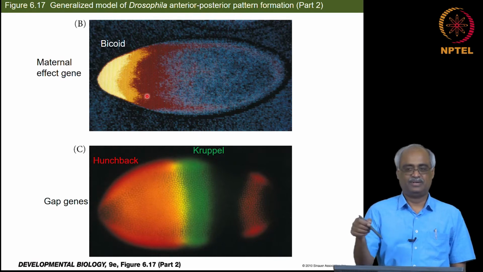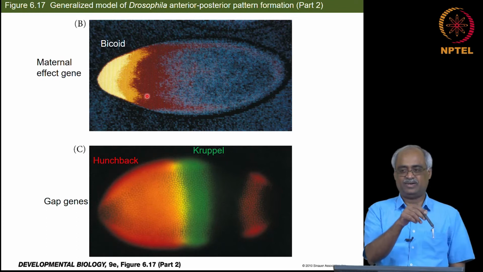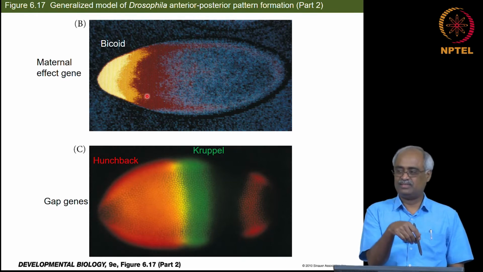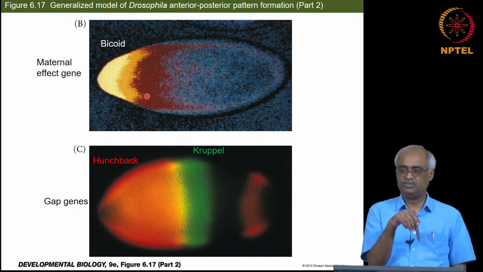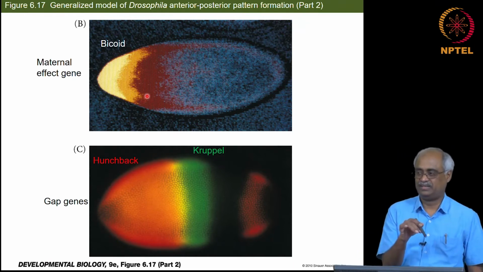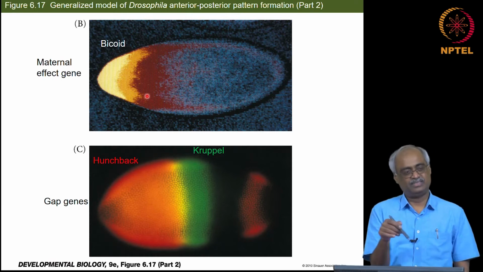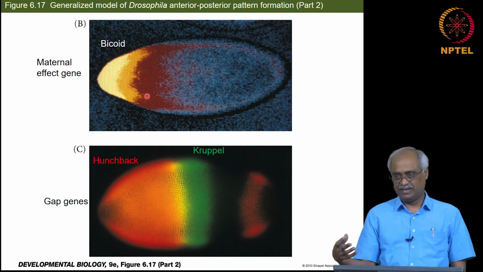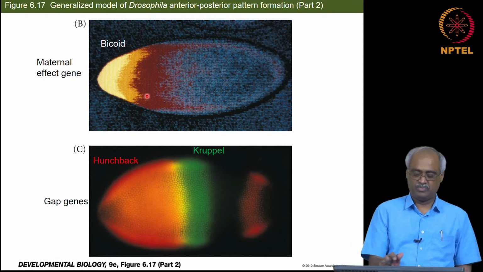So, the gurken having gone to the dorsal anterior, and there it is suppressing pipe in the dorsal follicle cells, while the ventral follicle cells get primed to transduce the signal via the toll receptor there, and that signal transduction is required only when dorsal protein is formed quite a bit later.